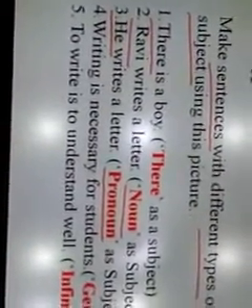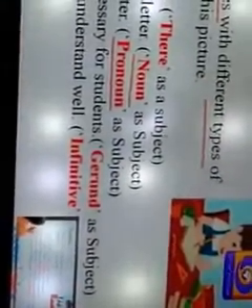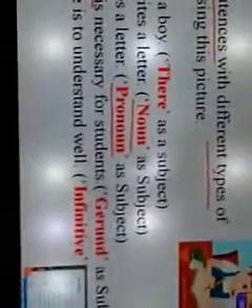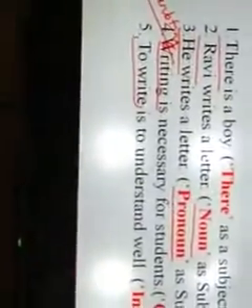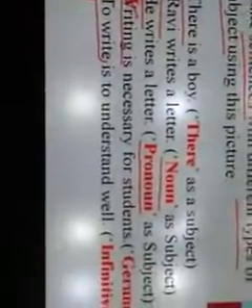Writing is necessary for students. Here, gerund, verb plus ing, is used as subject. To write is to understand, where here to plus verb, meaning infinitive, is used as subject.